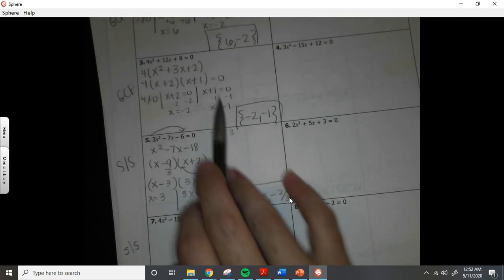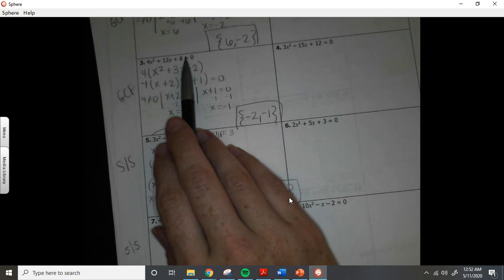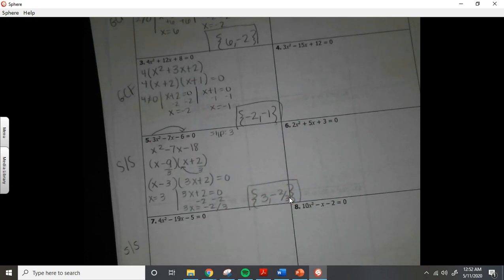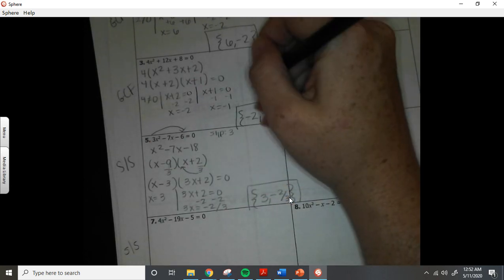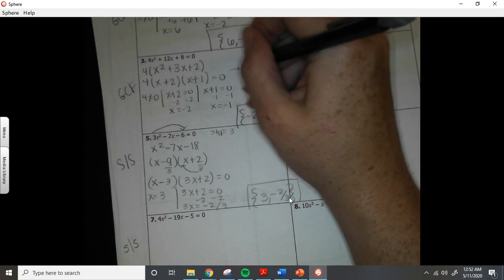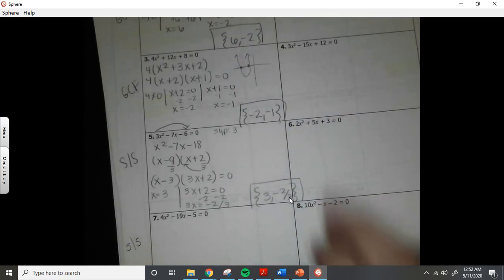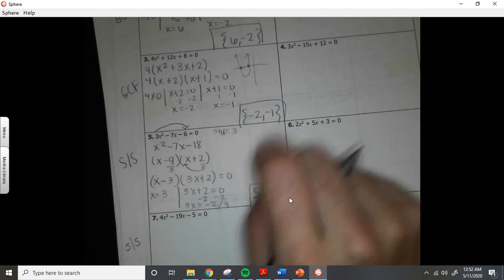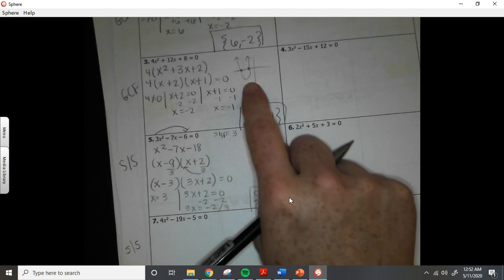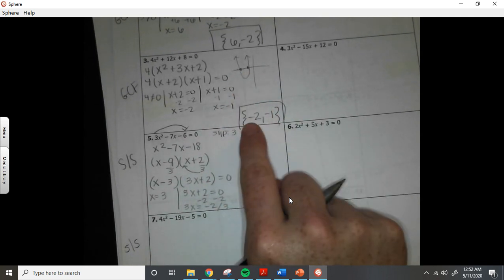If you plug in negative 1 to this same equation, you also get 0. Hence, this is a parabola. No matter where your vertex is, negative 2 and negative 1 are going to be your zeros. Your parabola is going to go through these x-intercepts at negative 2 and negative 1.